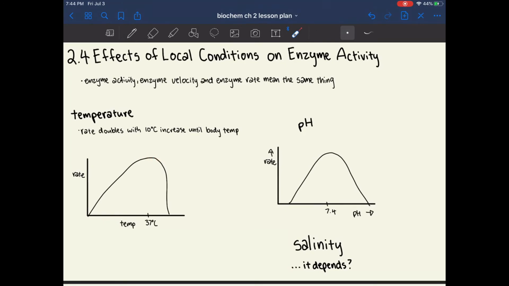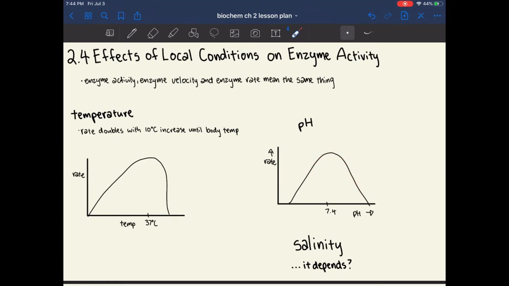And then if you increase the temperature even more, your enzymes start to denature, which means they start to break apart, and then you will have no enzyme activity because your enzymes will no longer be functional. The second factor is pH. Enzymes function best at body temperature and body pH, which is 7.4.